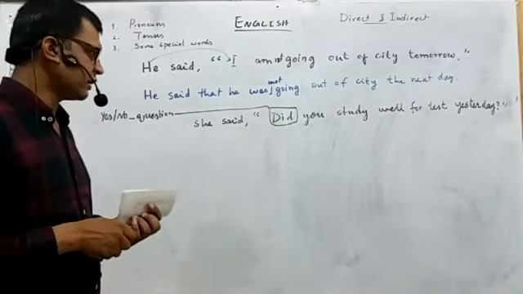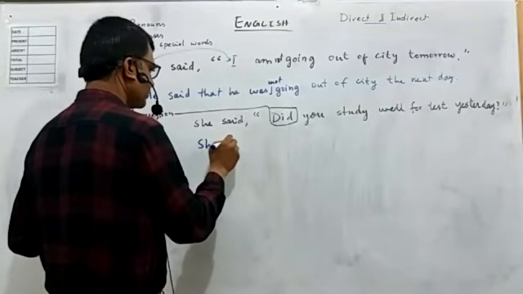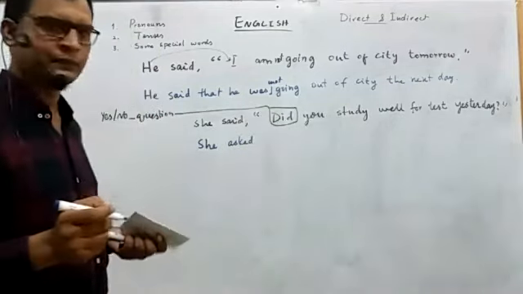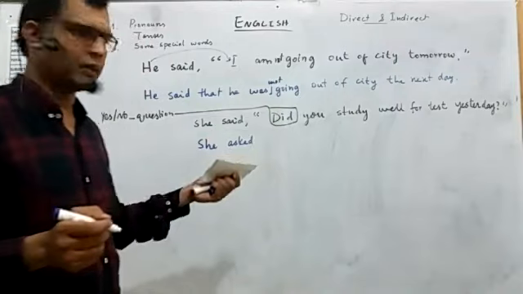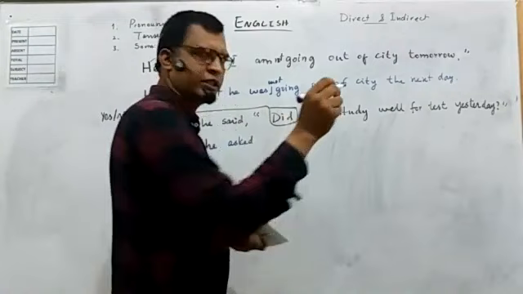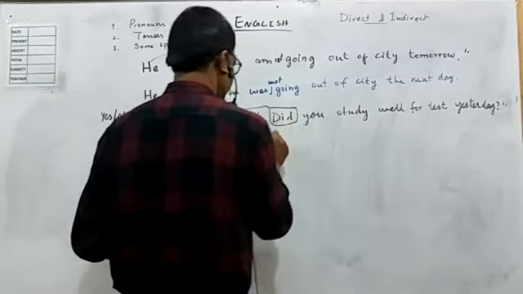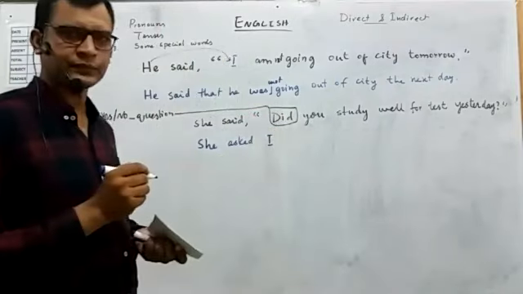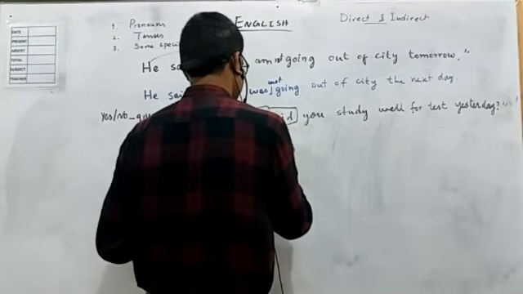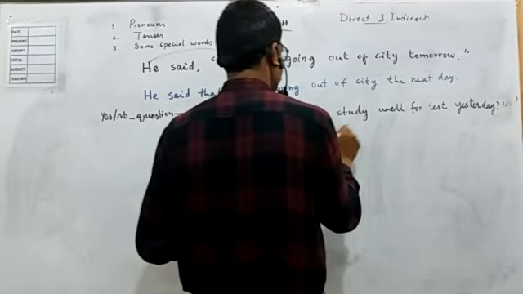When we change a question into indirect speech, we care a little about a few things. For example, we say, she asked rather than said. I would say asked because it's a question, and we change the order of subject and verb also. Now this you is basically I. So she asked if I had studied.